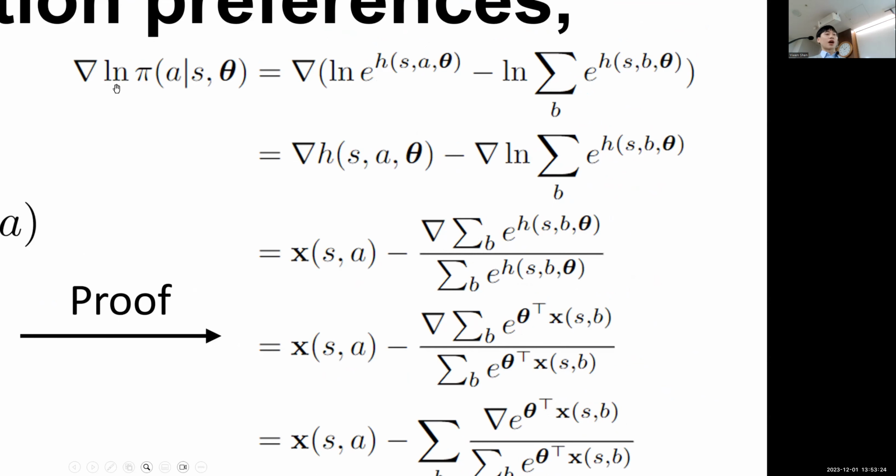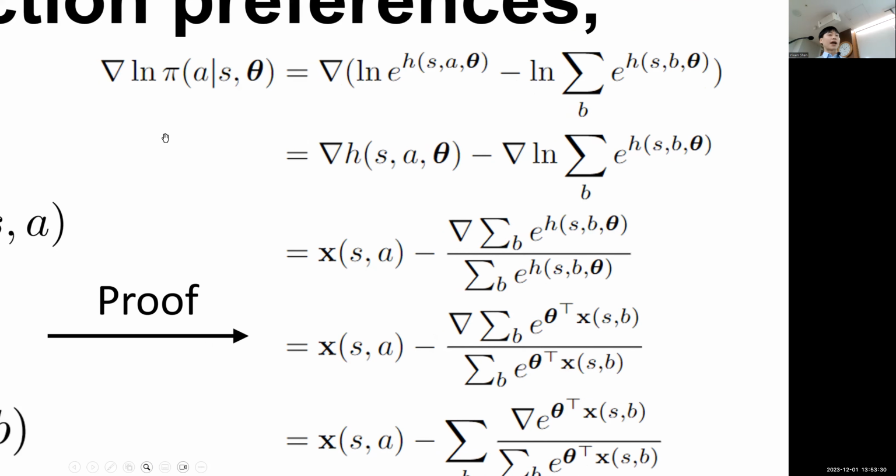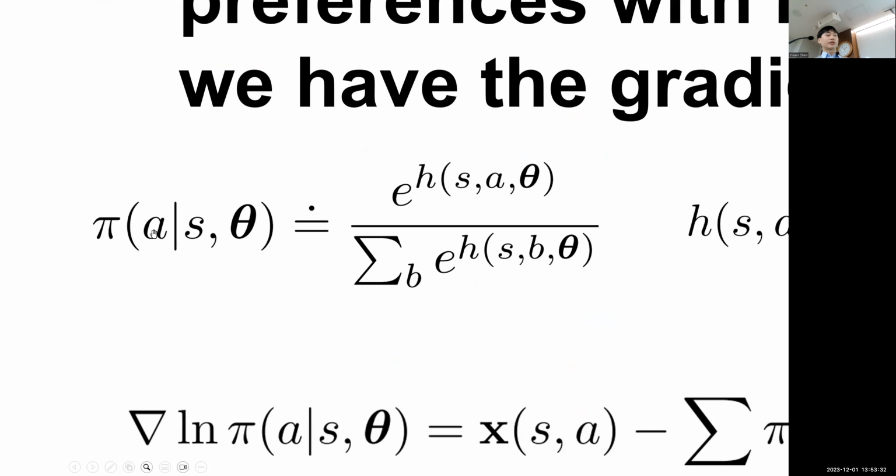From the beginning, we do the gradient of ln pi. What is pi? Pi is the softmax. Softmax is the division of e to the power h over the sum of e to the power h. So this is a division.